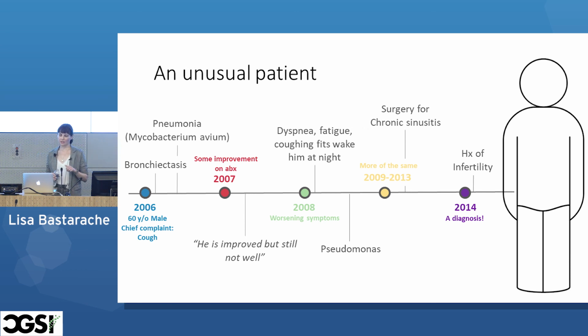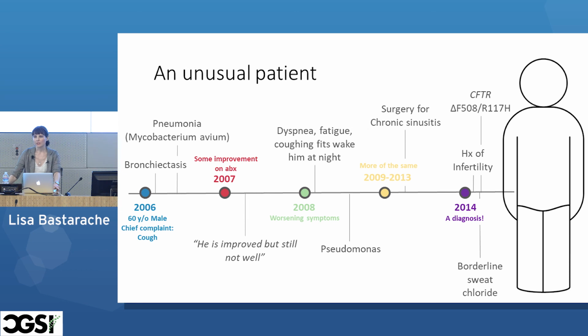And so he gets a thorough history from this pulmonologist, and she asked, "Do you have any kids?" And he said, I've adopted 2 kids. So he has a history of male infertility. At that point, she gave him a sweat chloride test, which came back borderline. But that was enough to get a genetic test billed through the insurance company, and it turns out that he had cystic fibrosis, an atypical form of cystic fibrosis.